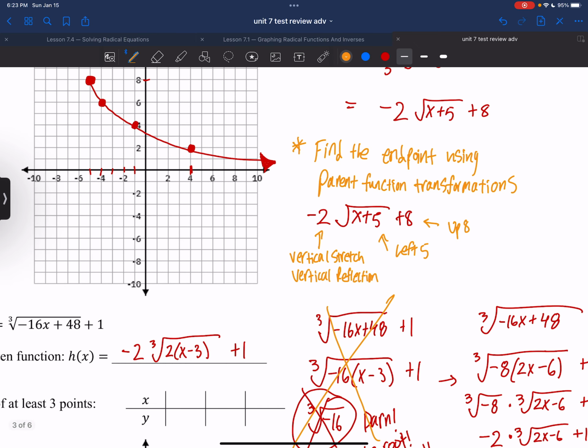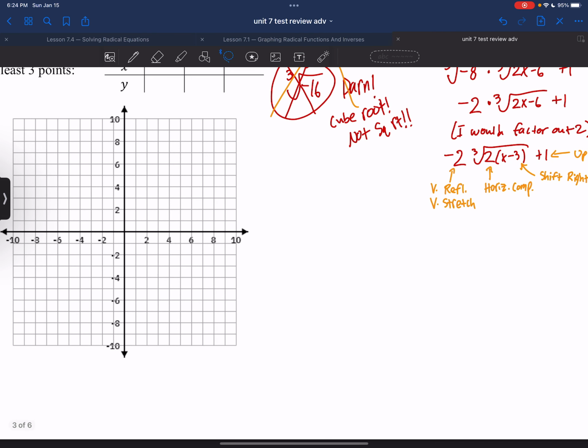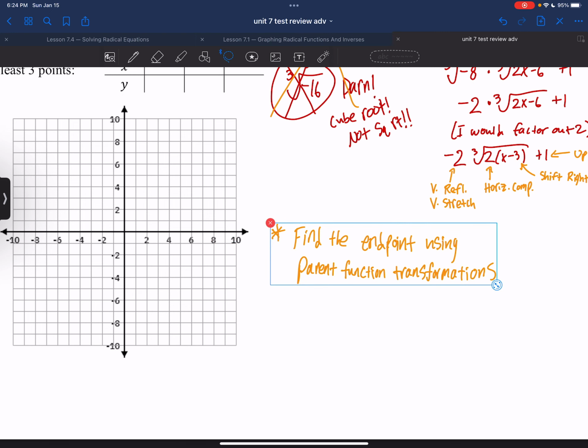Just like I said up here, I'm going to lasso this. Lasso, copy. I'm not finding the endpoint, though, because a cube root does not have an endpoint. It has something else.